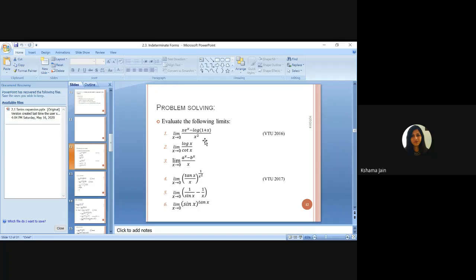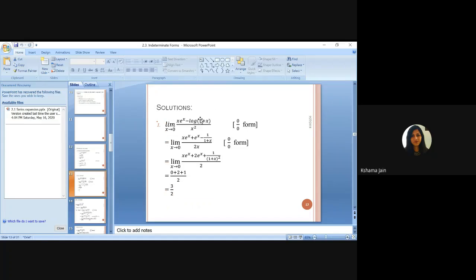Okay, so I come to the solution here. Directly they have written the 0 by 0 form. If the 0 by 0 form is there, we apply L'Hospital's rule. Though it's not mentioned here, you will mention it in the exam: applying L'Hospital's rule. Here we have one function in the numerator and another in the denominator.